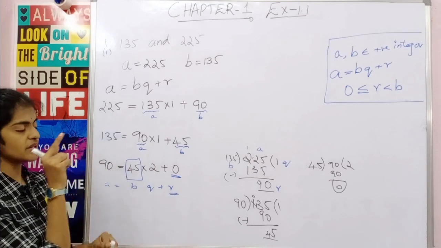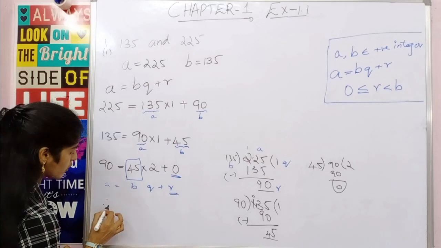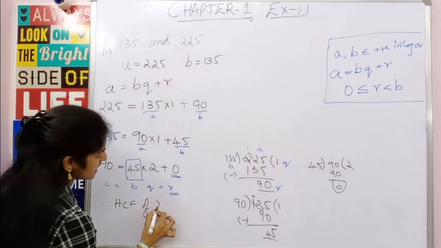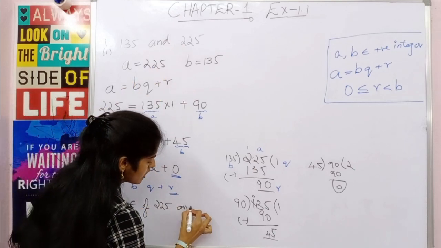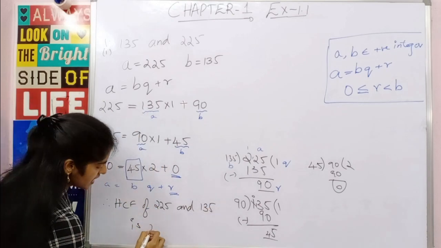So this B value is your HCF. Therefore, the HCF of 225 and 135 is 45.